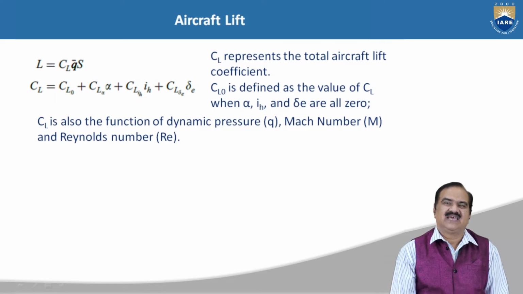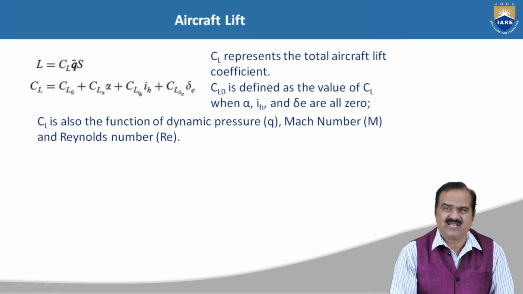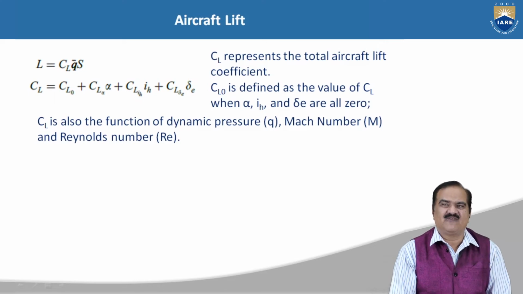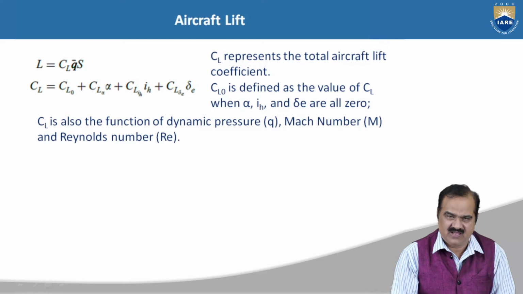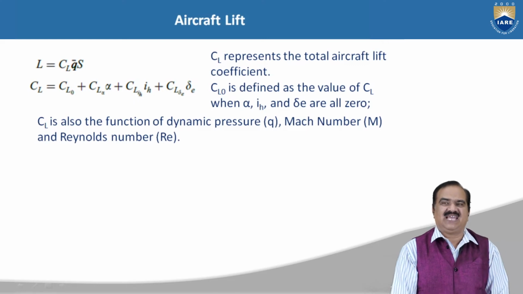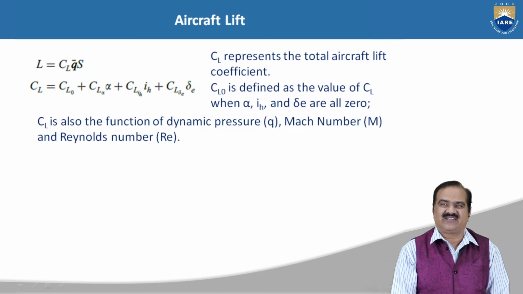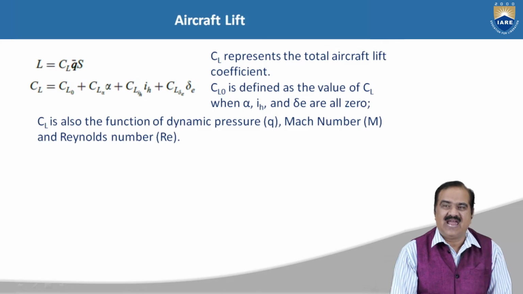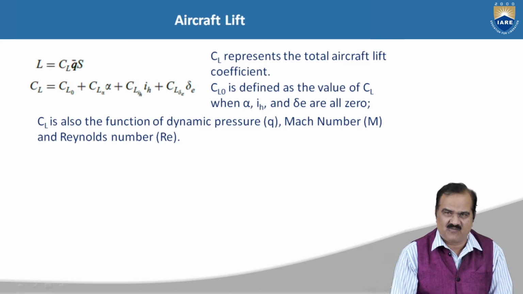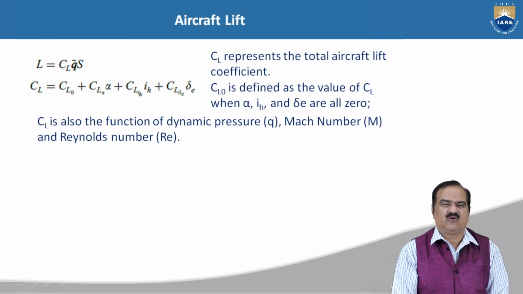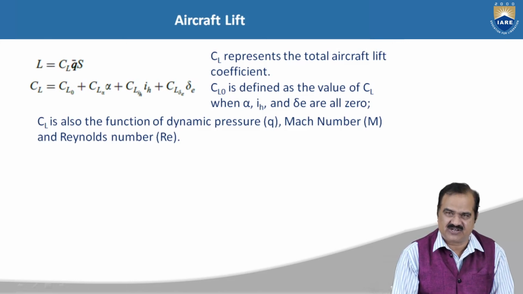Here CL naught is defined as the value of CL when the angle of attack alpha, the incidence angle of the tail iH, and the deflection of the elevator are all 0. In this condition, when all these three things are 0, the lift coefficient we get is known as CL naught.